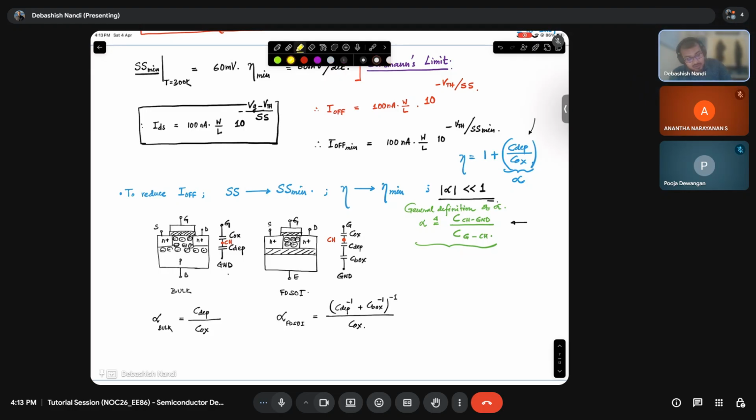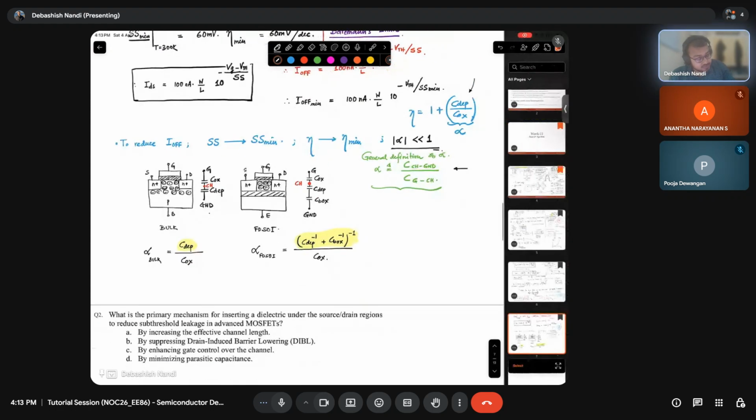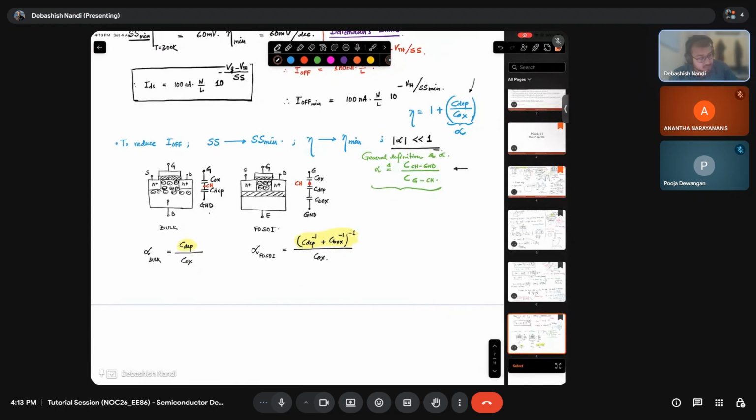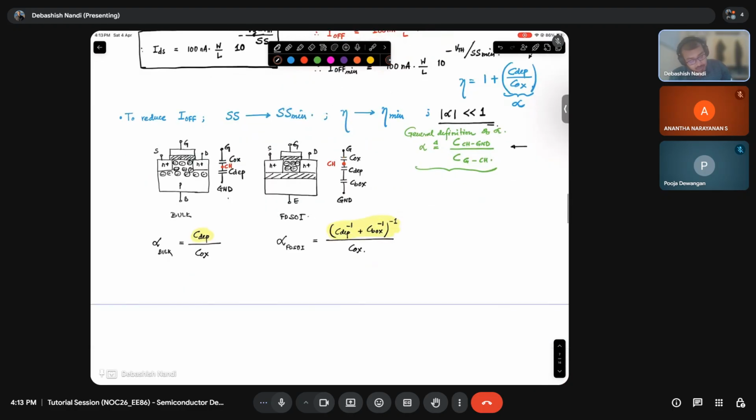So between these two, which one is lower? Alpha FDSOI is lower, right? Yes, sir. So alpha FDSOI is much lower than alpha bulk. That means eta FDSOI is much lower than eta bulk.